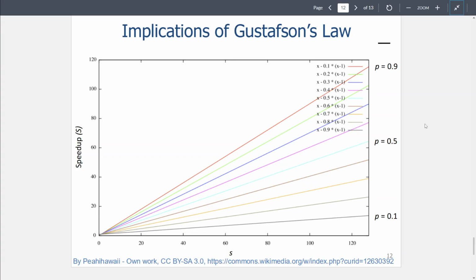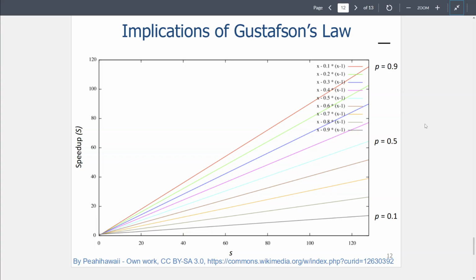And so really, who was right, who was wrong? Well, they both were right, and they both were wrong. If my problem size is fixed, and having more cores means that I'm just solving that same problem, Amdahl's law applies. Amdahl's law is very valid.